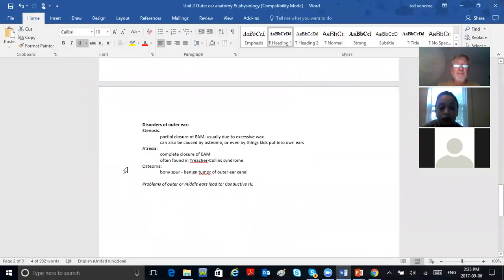So, osteoma, a bony spur, a benign tumor of the ear canal, swimmer's ear. Atresia, remember, is complete closure, often found with what's called Treacher Collins syndrome. Children whose eyes are a little too close together and their ears are not totally formed. It's a congenital condition, a genetic thing.